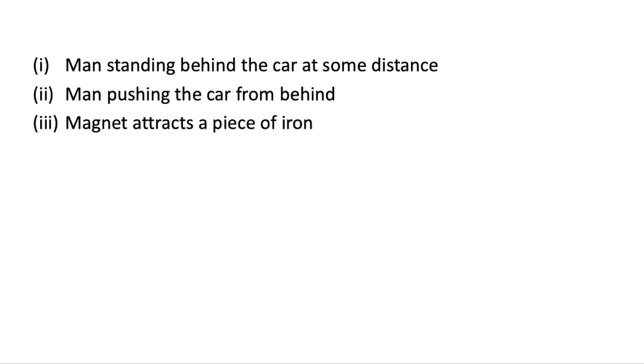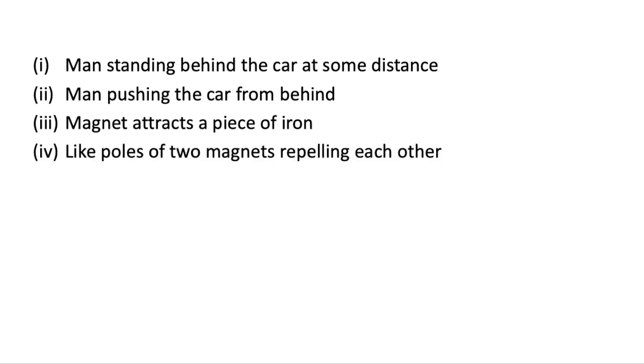Coming to our next example, like poles of two magnets repelling each other. The two magnets interact by magnetic force. Since the two poles are alike, they repel each other, which is a push force. The two magnets at rest now move in opposite directions.